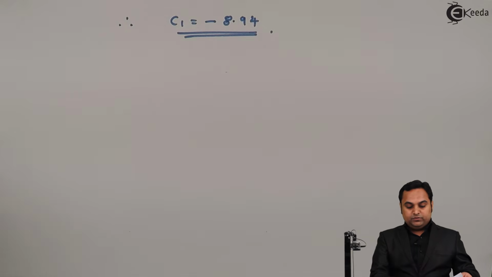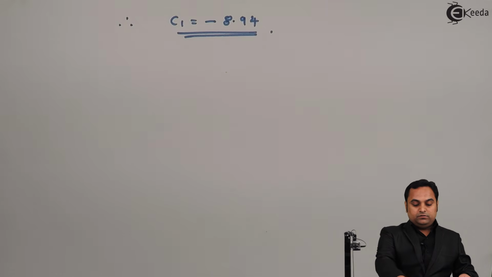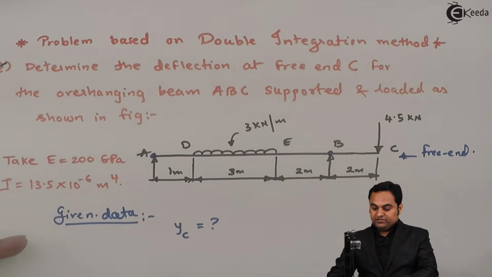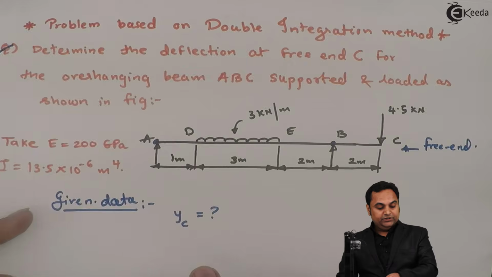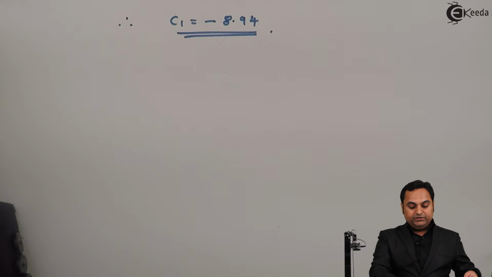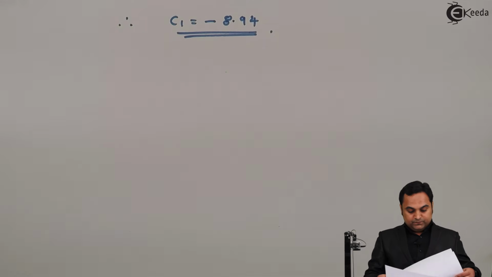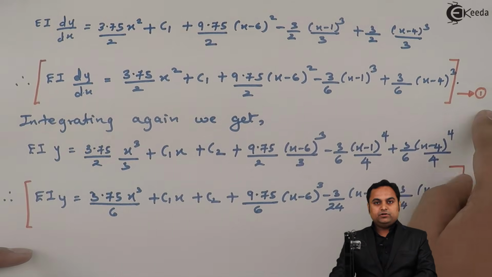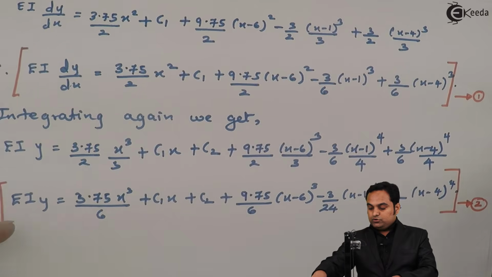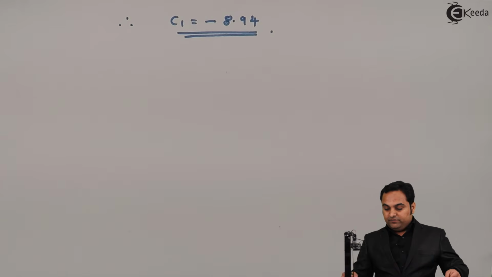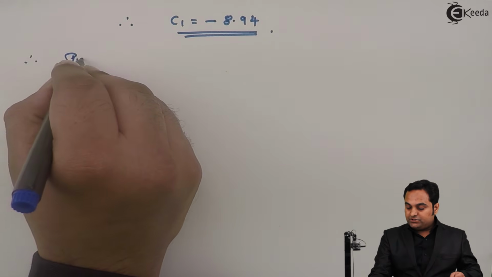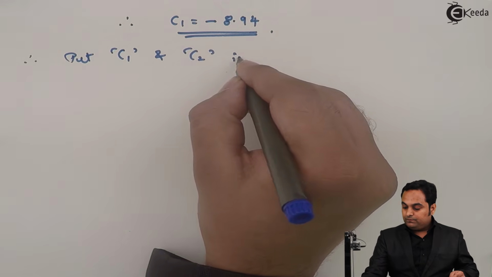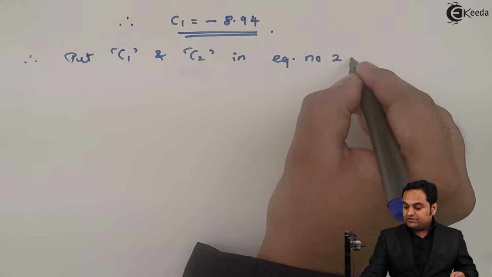Now if we look into the question, we have to find out the deflection at point C. So we need to put the values of C1, C2 in the deflection equation. There is no need of this slope equation because slope has not been asked. So therefore put C1 and C2 in equation number second.